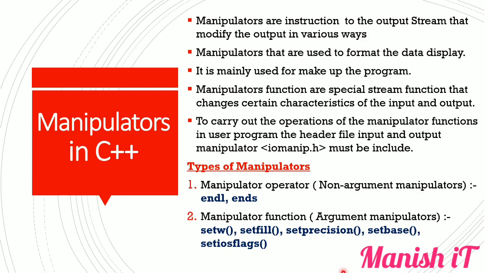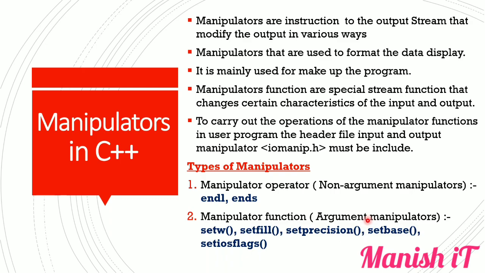But when we go through manipulator operators, that is endl and ends, it is not mandatory to write iomanip.h. Whenever you go through manipulator functions, then it is compulsory to write iomanip.h within our program. Here all these manipulators are working on cout.